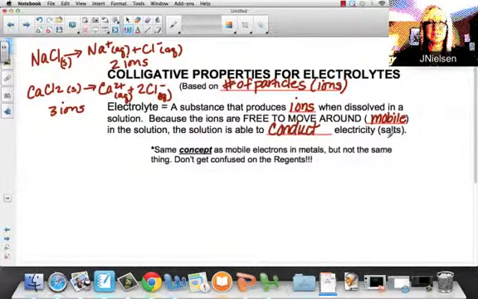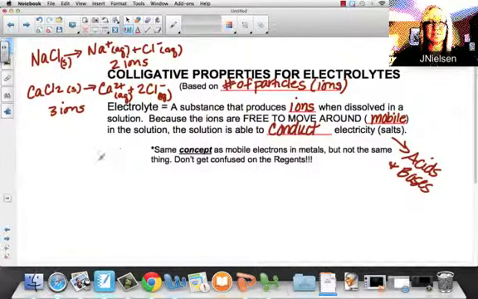And it says salts, and that's because salts are the best at this. However, it is not just salt. It is also acids to some degree and bases, and we'll talk about that when we get to that unit. But I don't want you to think it's just salts.